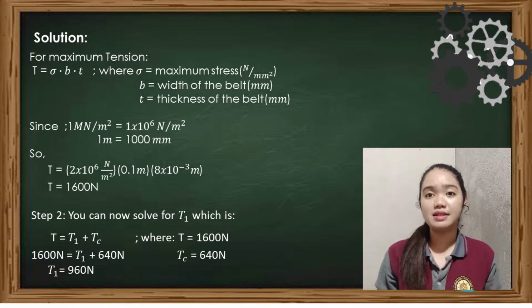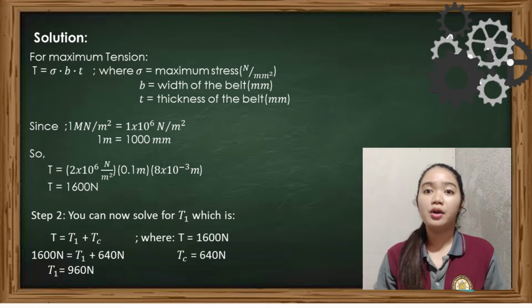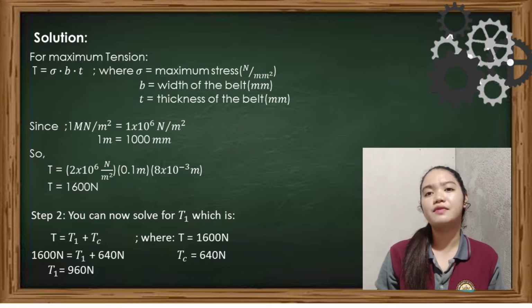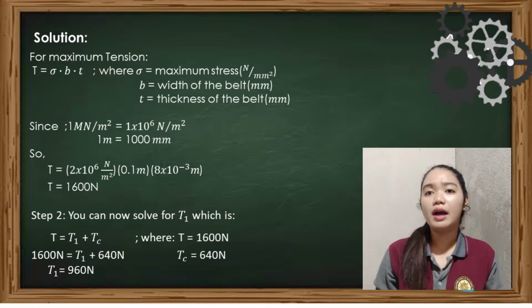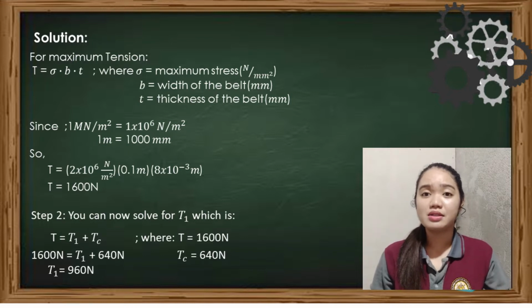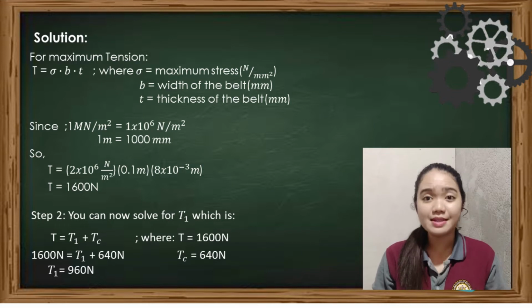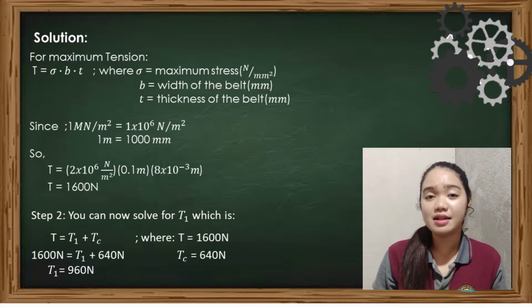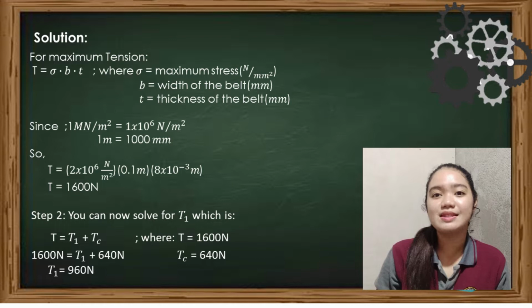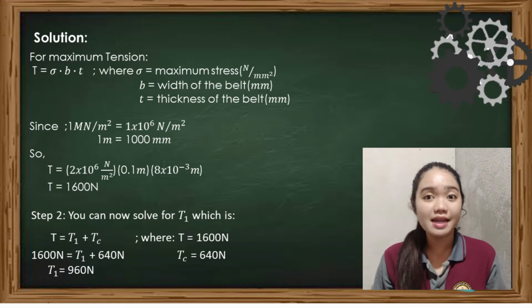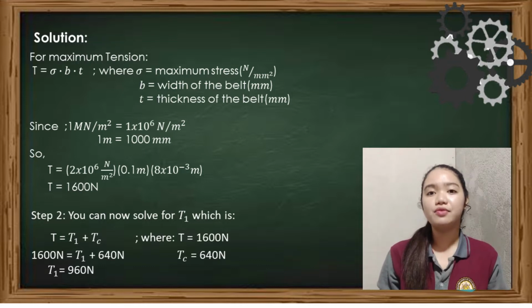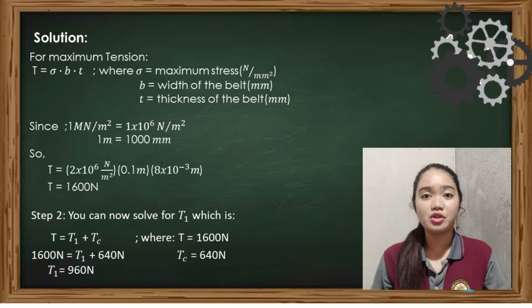Since the given stress is 2 meganewton per meter squared, we need to convert this first into Newton per meter squared, where 1 meganewton is equal to 1 times 10 raised to 6 Newton, and the width and thickness of the belt are converted into meters. So T is equal to 2 times 10 raised to 6 times 0.1 meter times 8 times 10 raised to negative 3 meter. So the value of T will be 1,600 Newton.